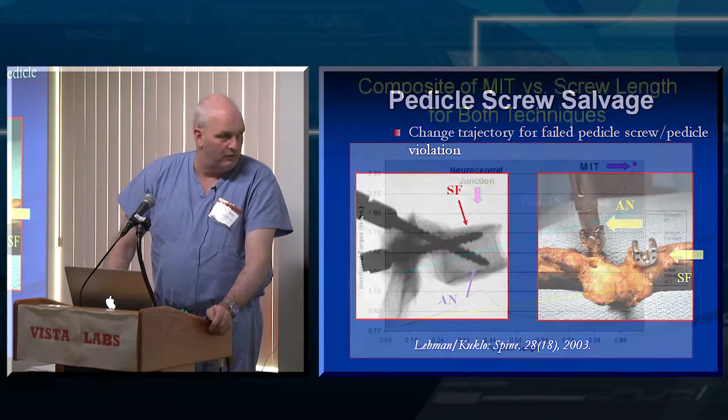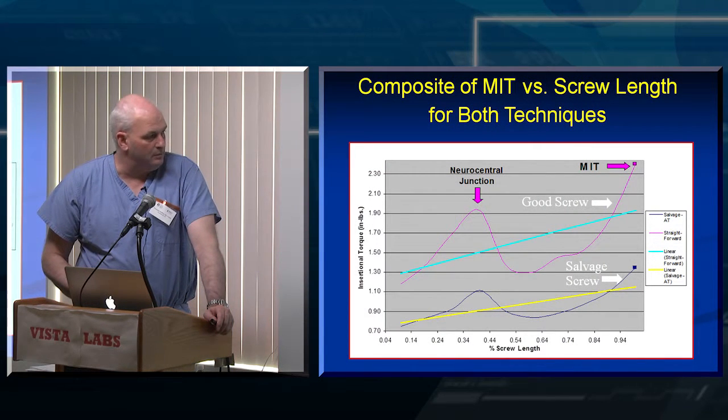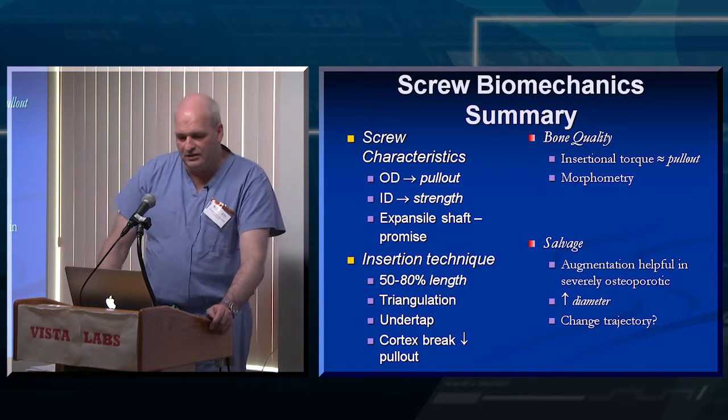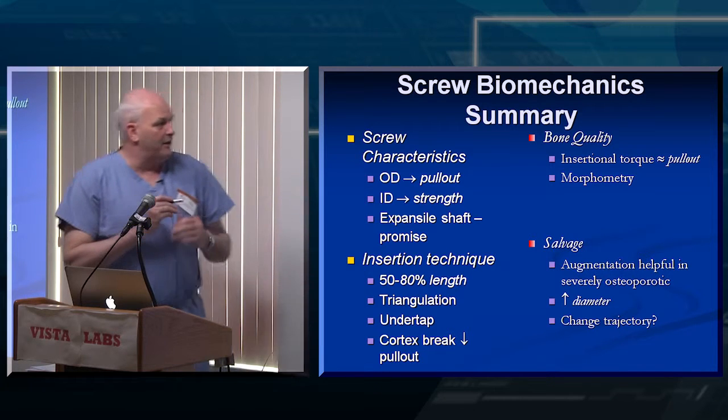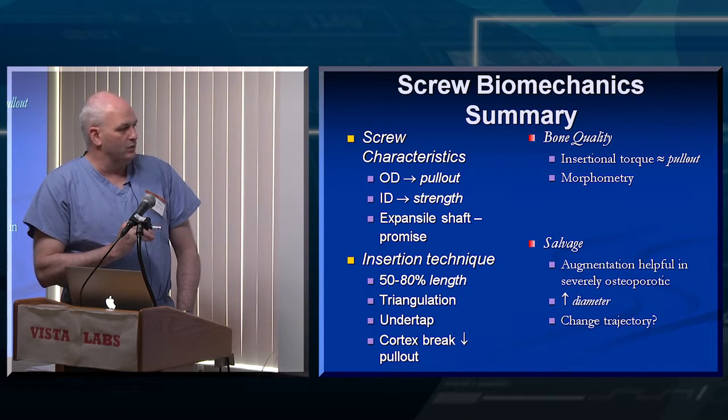And if you look here, these slides show that these can both be very good salvage techniques. Basically, sort of the biomechanics, the screw characteristics, the outer diameter is most important for the pullout. The inner diameter is most important for the strength. The insertional technique is really important to get up near 80%.